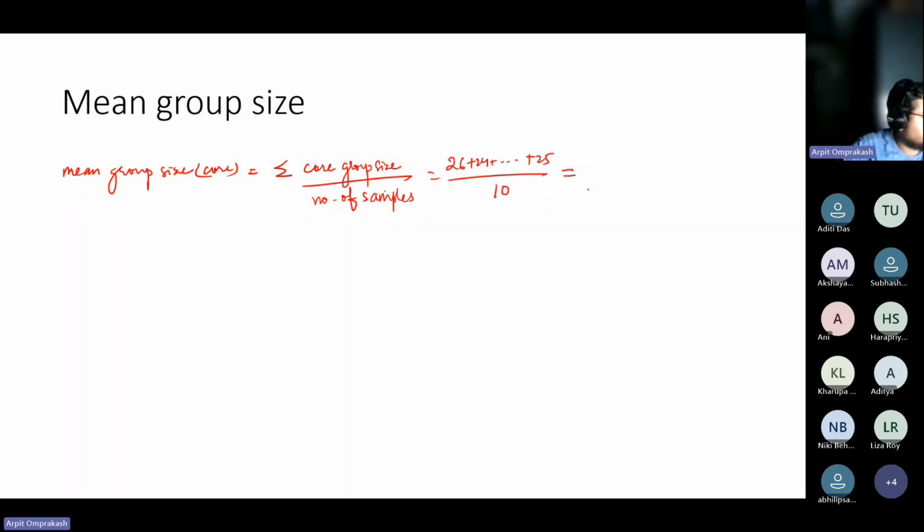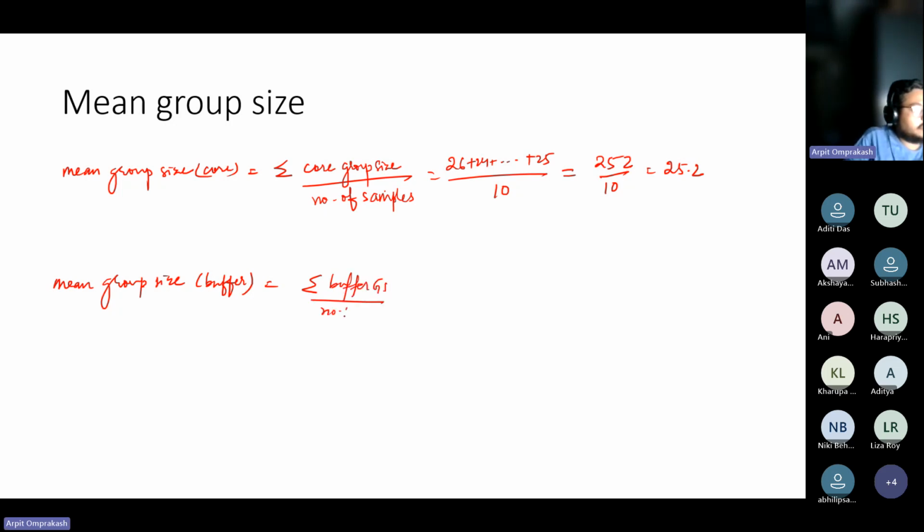This turns out to be around 252 divided by 10, which is 25.2. Similarly, for the buffer region, we take the buffer group sizes divided by the number of samples.